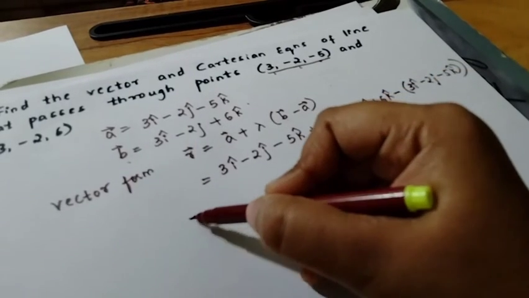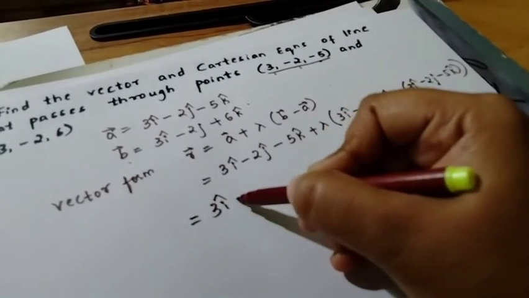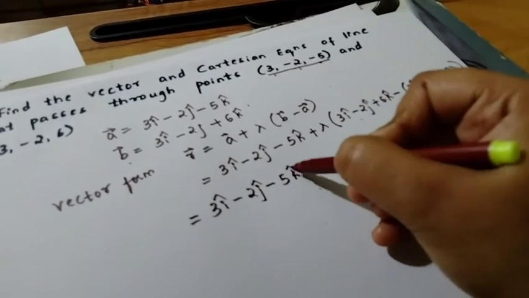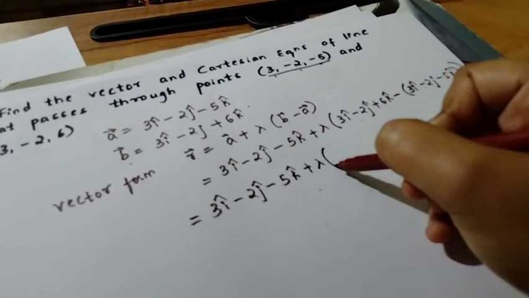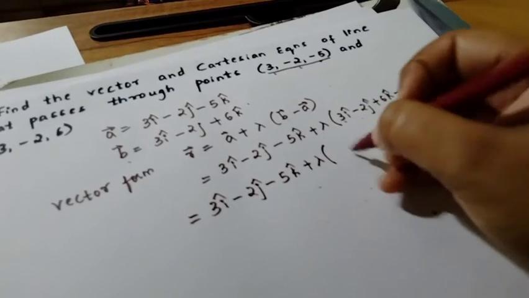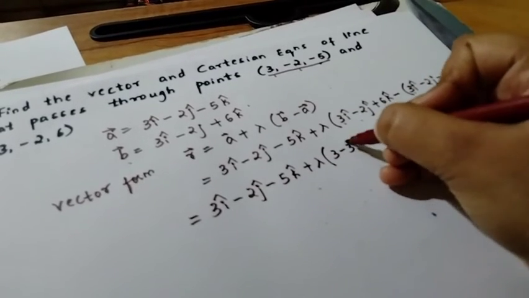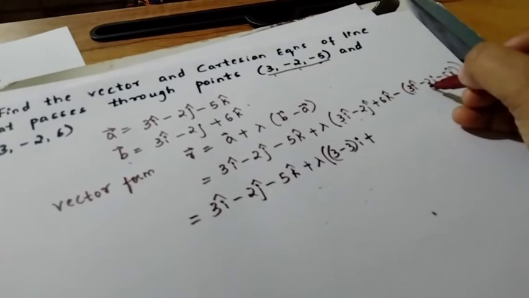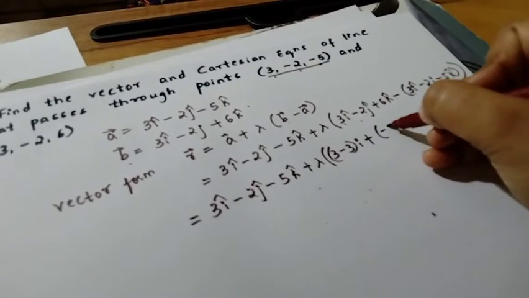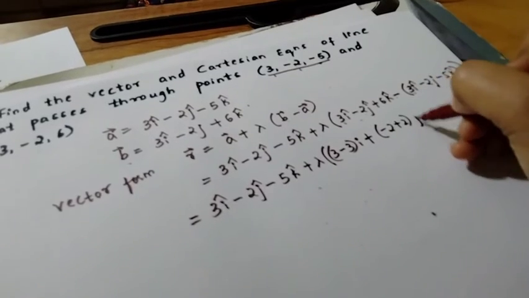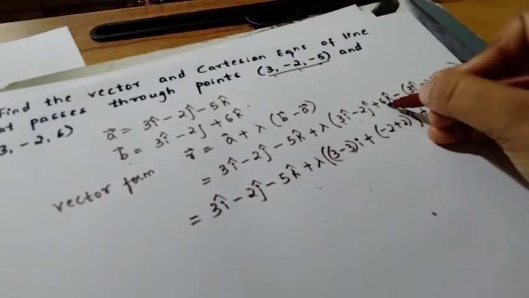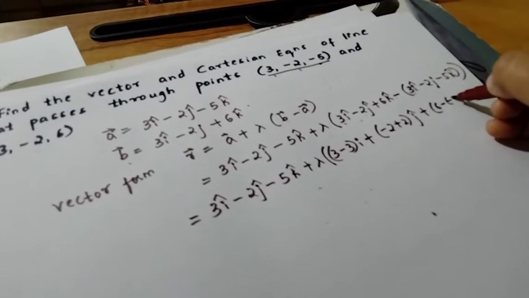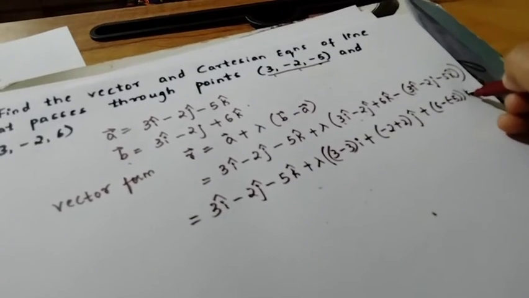So this is equal to 3i minus 2j minus 5k plus lambda into bracket. 3 and 3, i with i you have to do: 3 minus 3 into i plus minus 2 minus of minus, plus 2, minus 2 plus 2 into j plus 6 minus of minus 5 into k cap.